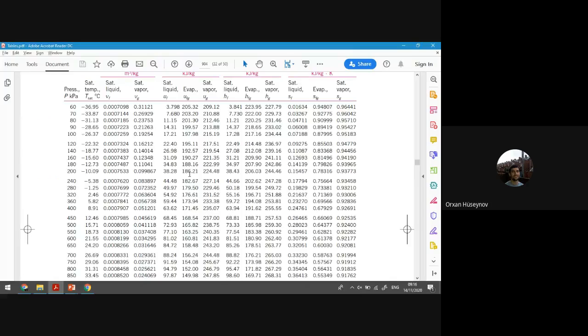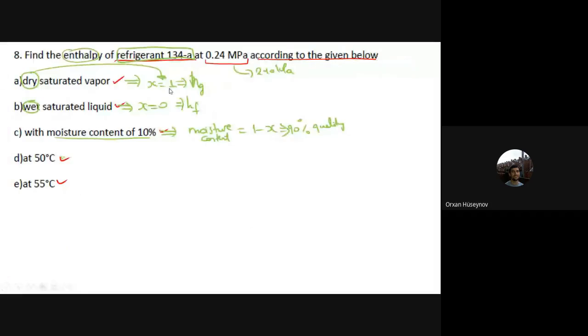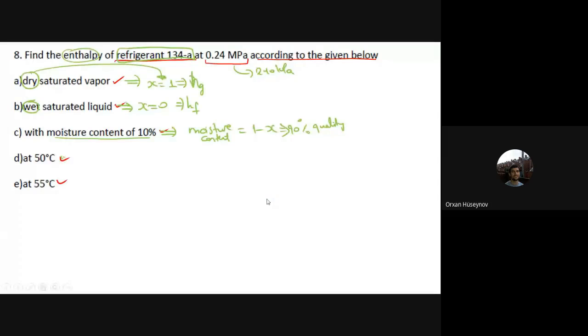So firstly, for 240 kilopascals, this is the line, and I'm looking for Hg. The first one is Hg. So the Hg line is here, saturated vapor, Hg, and it makes 247.28 kilojoules per kilogram. Now comes the Hf one.